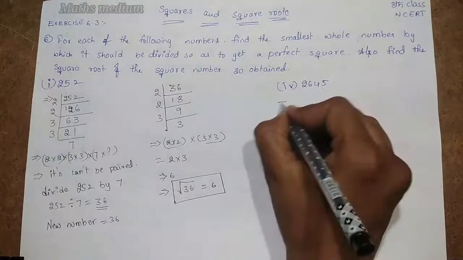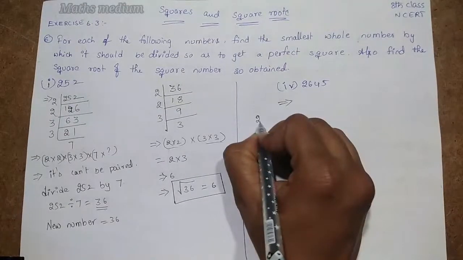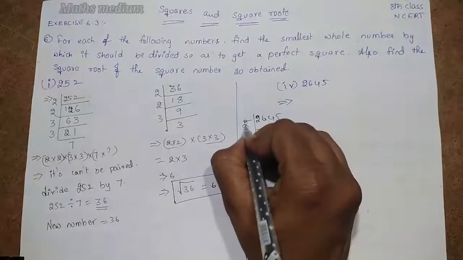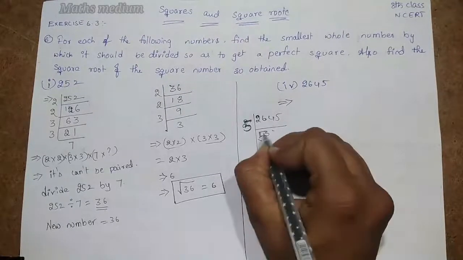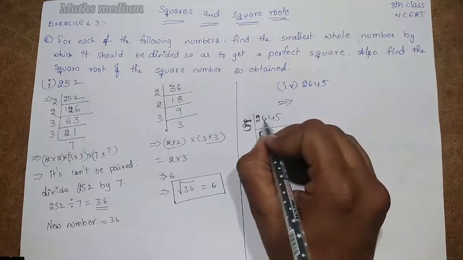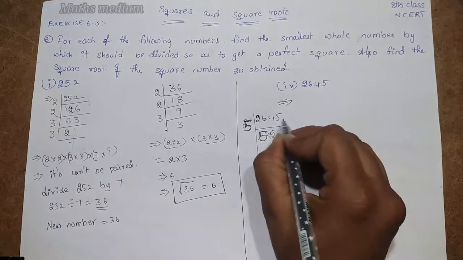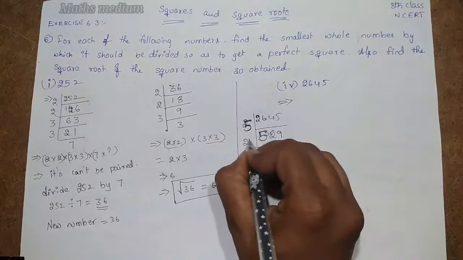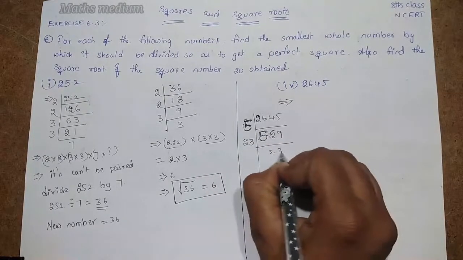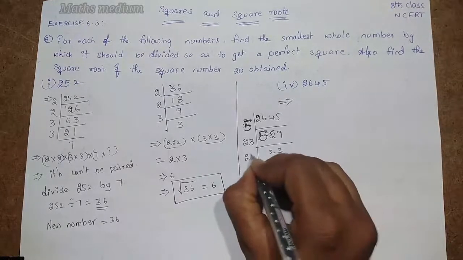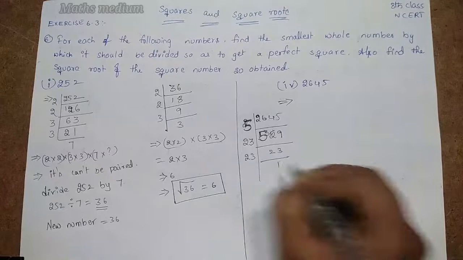Next, similarly this also. Make the prime factorization of 2645. Here it starts with 5. 5 5s are 25, 1 is left. 5 2s are 10, 5 9s are 45. Again it is a perfect square, 23 by 23, 529. So here we get again 23. Then it is 1.